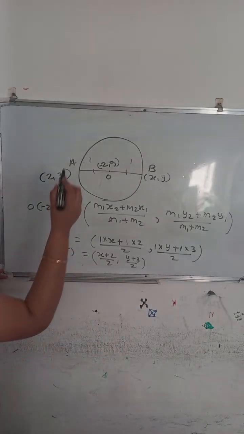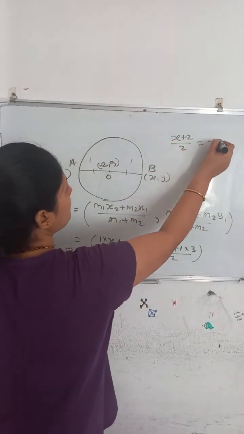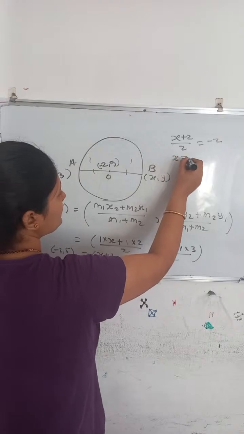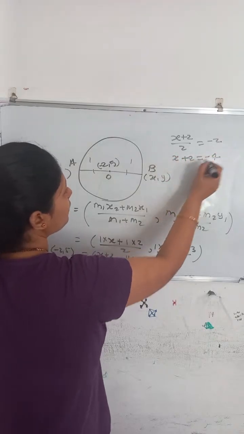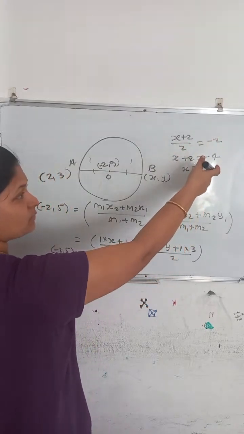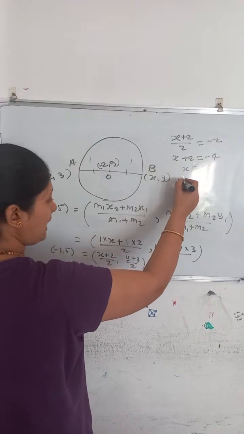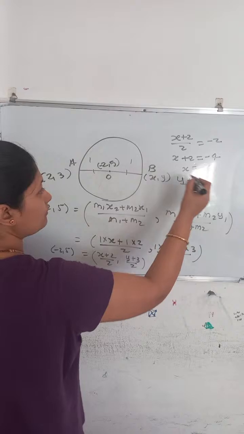So here I will compare: x plus 2 by 2 is equal to minus 2. So x plus 2 is equal to minus 4, and x is equal to, you transpose the 2, this will become minus 6. And y plus 3 by 2 is equal to 5.